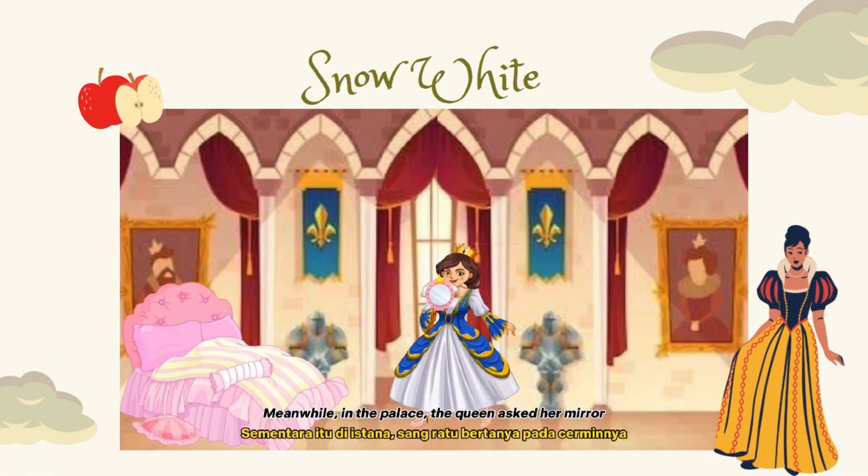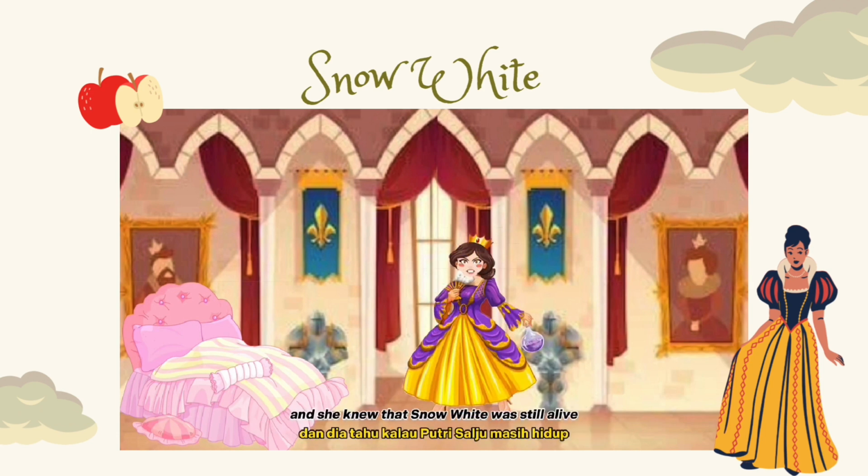Meanwhile, in the palace, the queen asked her mirror, and she knew that Snow White was still alive and lived with the 7 dwarfs in the forest. She was so furious and decided to make a magic potion that would put Snow White into deep sleep forever.